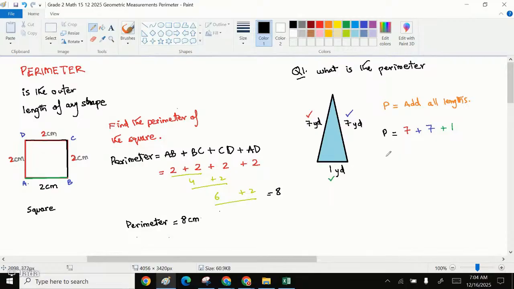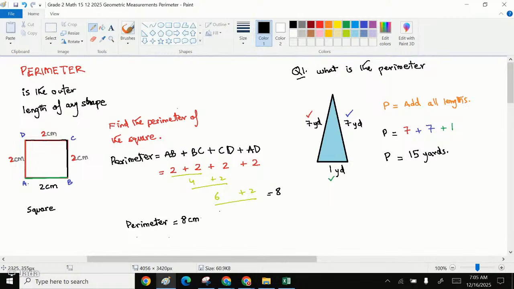So what should it be? 7 plus 7 is, yes, it is 14. 7 plus 7 is 14 and 14 plus 1 is 15. And I told you something. You always need to give your answer with a unit, because length is always measured in centimeters, meters, kilometers, yards. So over here, the unit is yards, right?